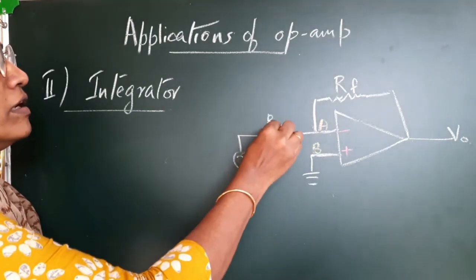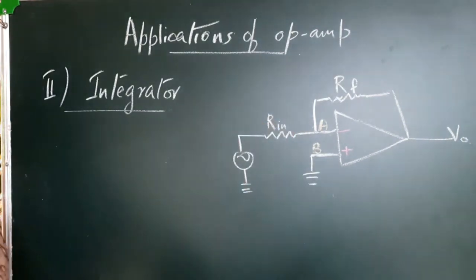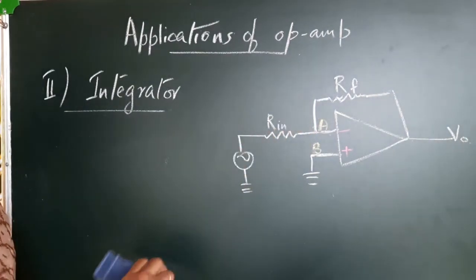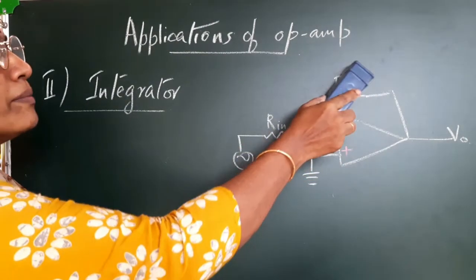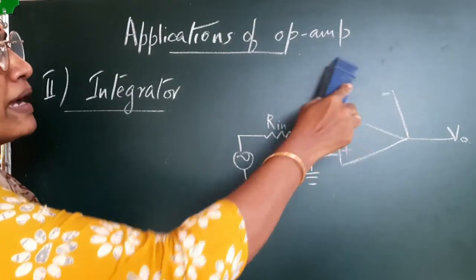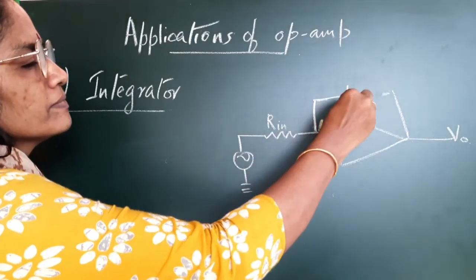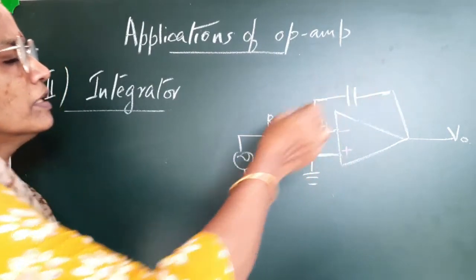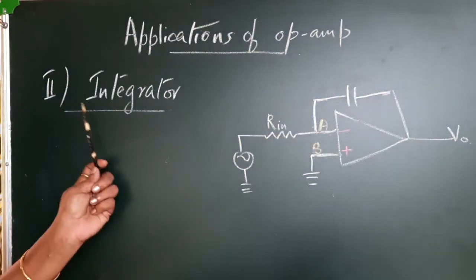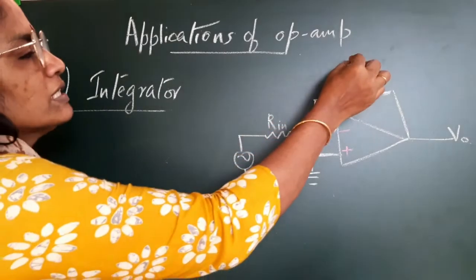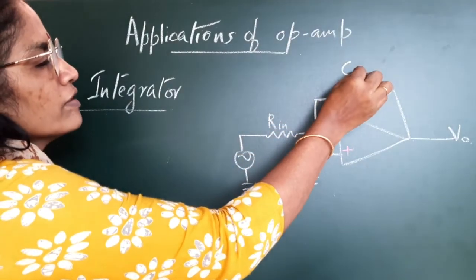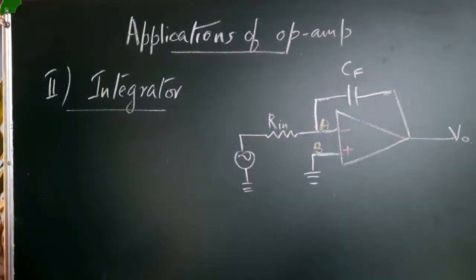This is our input resistance Rin and this is our feedback resistor Rf. Now, I am going to replace this feedback element with a capacitor. So, now this has become an integrator. So, this I will call CF, feedback capacitor.